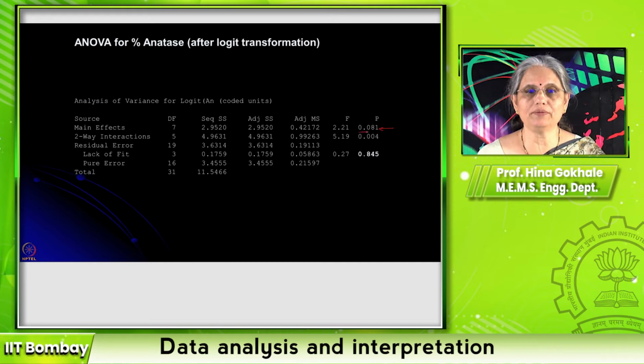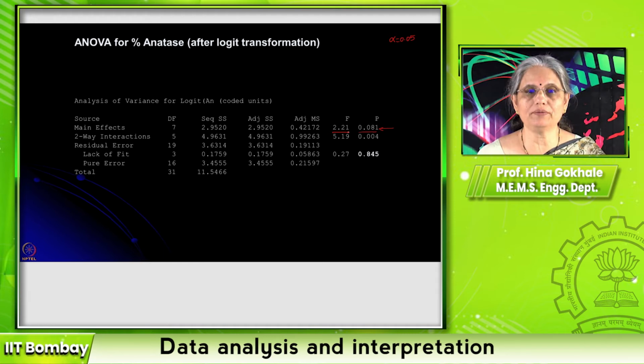Again here alpha is equal to 0.05, and our testing of hypothesis is that the variance caused by the main effect and the variance caused by the error, if this ratio is F, which is large enough, then you say that there is an effect of the main factors.